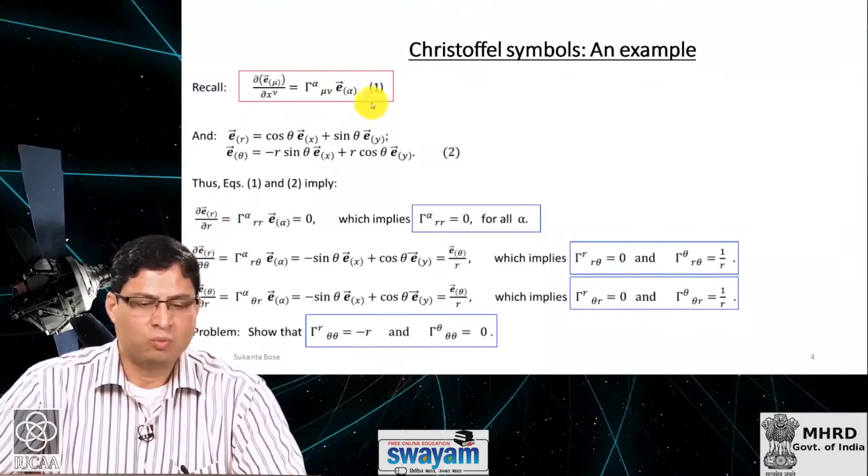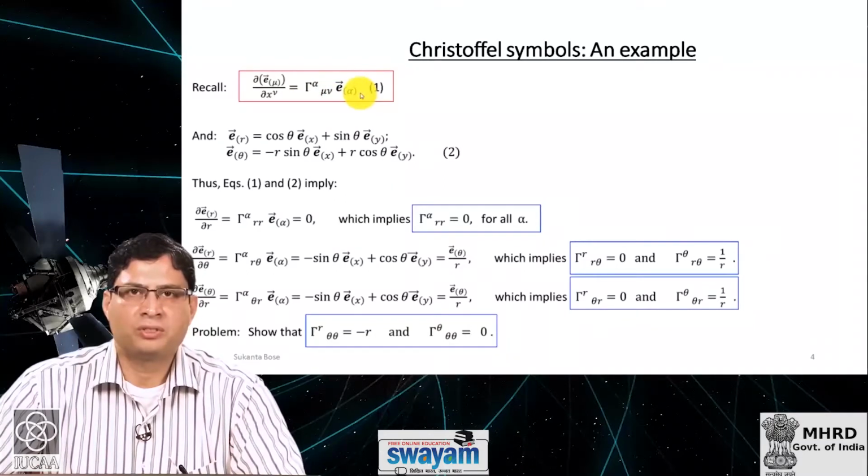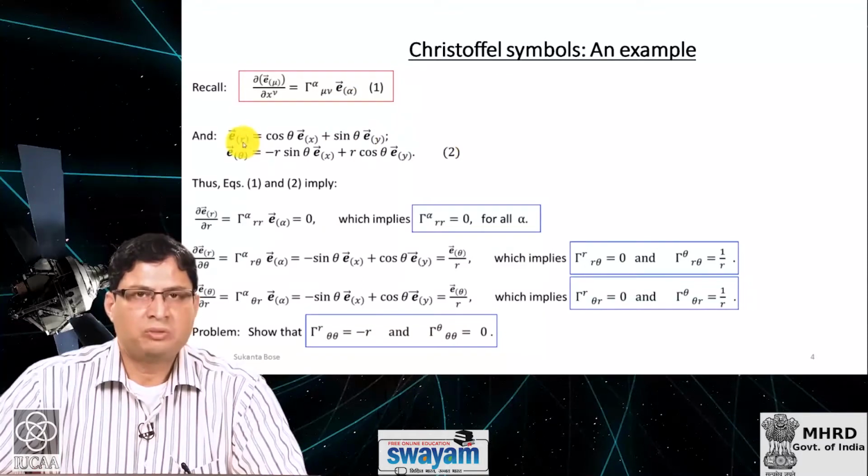You go back to equation 1 and set mu equal to r and nu equal to r, because that is what we get from this expression here, which will allow us to figure out the Christoffel symbols with mu and nu both set equal to r. Alpha is summed over. In this case, we are in two-dimensional space, so alpha will take values of r and theta. But if you look at equation 2, when you take the derivative of Er with respect to the radial coordinate, you notice that this quantity only has theta dependence.